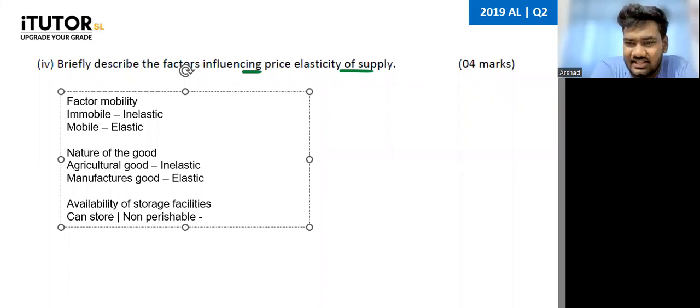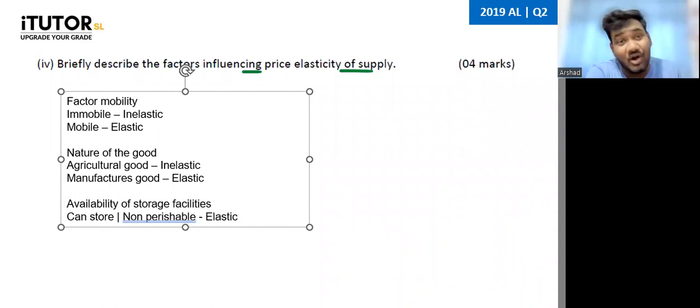Elastic or inelastic? These are goods you can store and keep, you can put back to your warehouse, right? Then the supply becomes elastic. Why? Because if the price increases, whatever you would have stored and kept, you will soon put out to the market. If the price comes down, you will put it back to your warehouse. So you can soon adjust the supply.